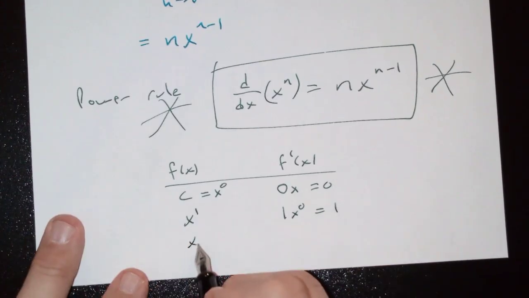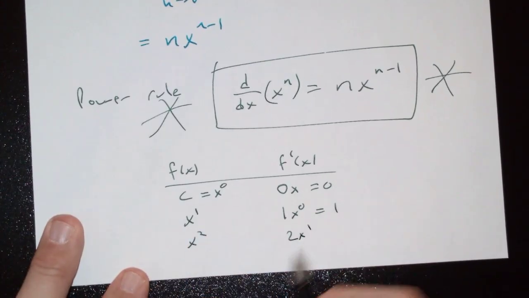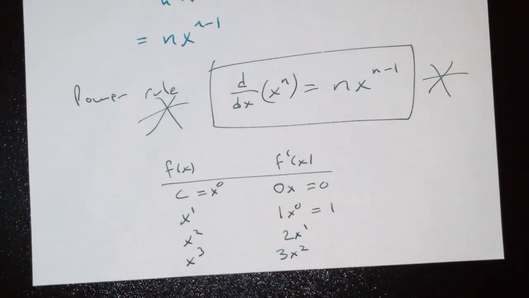We had x squared, we got 2x to the first, at x cubed, we got 3x squared. This is making perfect sense to me. This lines up perfectly with the pattern we already created.